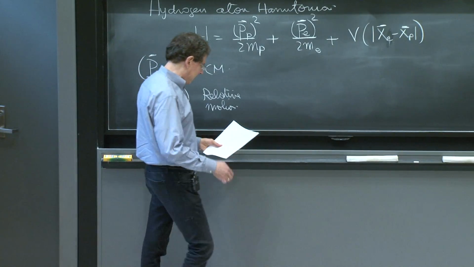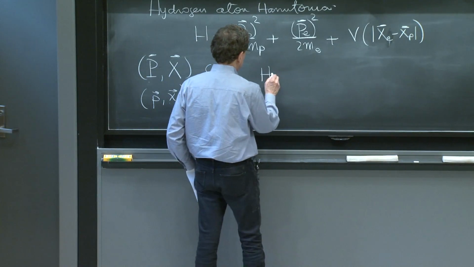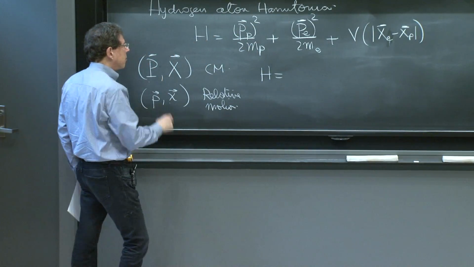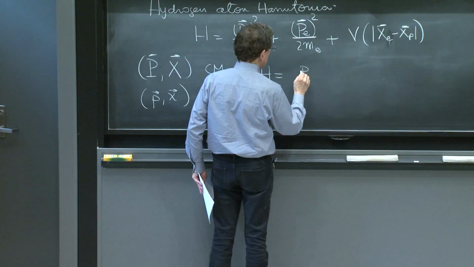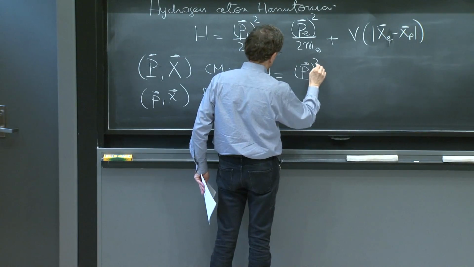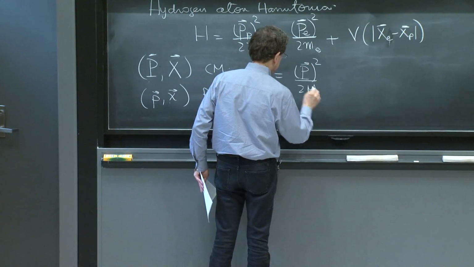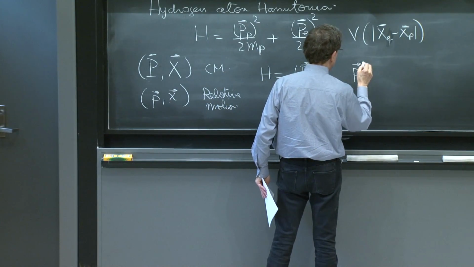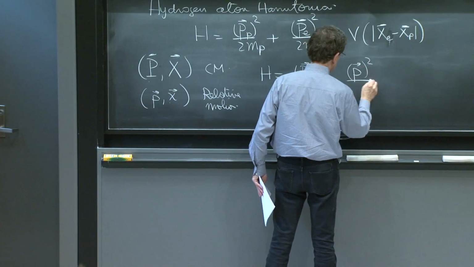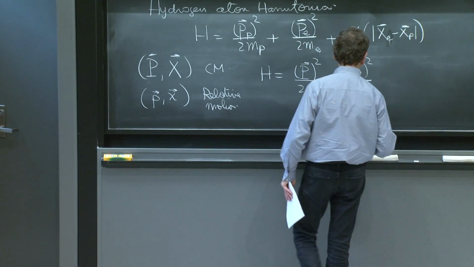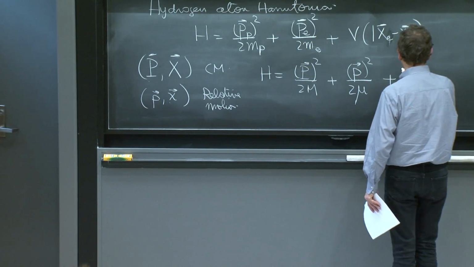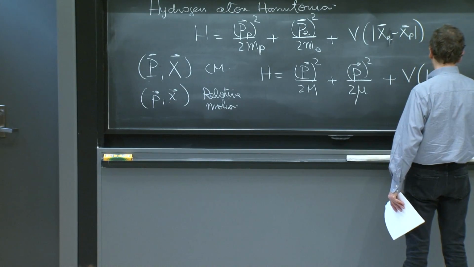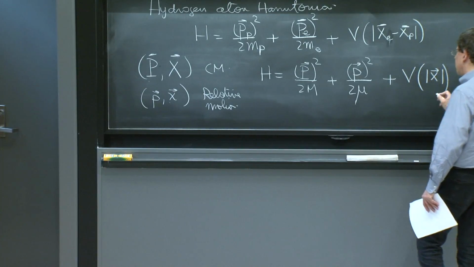So at the end of the day, we had a Hamiltonian which was as if the center of mass moves like a free particle plus a kinetic energy for the relative motion with a mass called the reduced mass and a potential for the relative position.